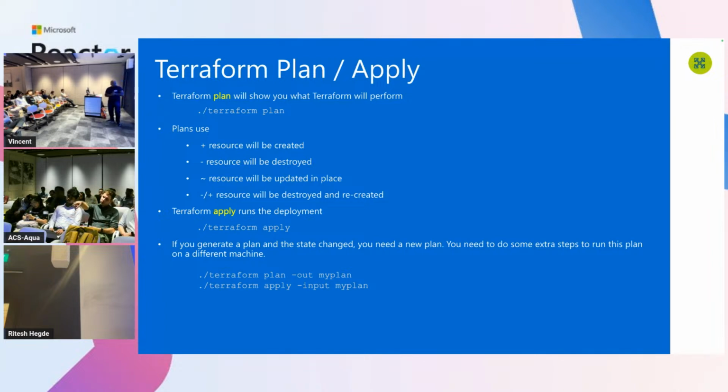My question was, when you output the plan to a file and then you apply. Here you transfer the plan, like you build it as part of the CI and then you apply it on the machine that has access.